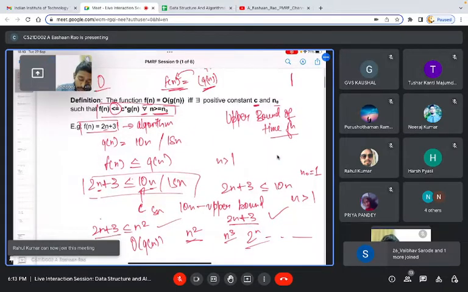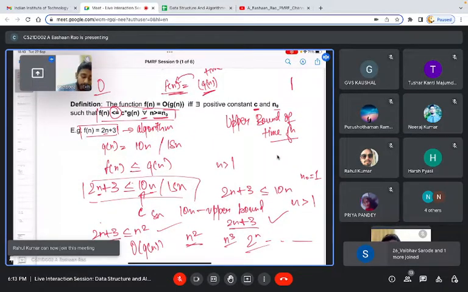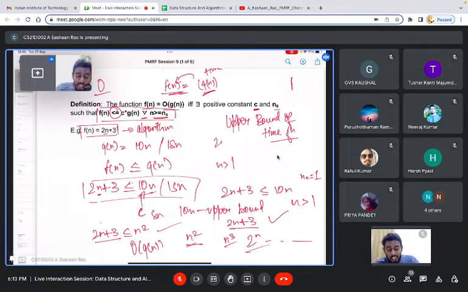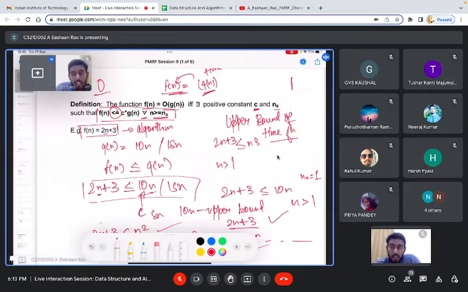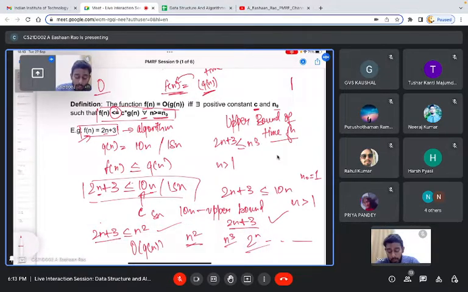So, coming back here, if I directly say that 2n plus 3 is less than n square, it doesn't make sense. I need a more concise value, a function which is nearer to this f of n. That will give me a better practical value to understand the code or the program that we have written.